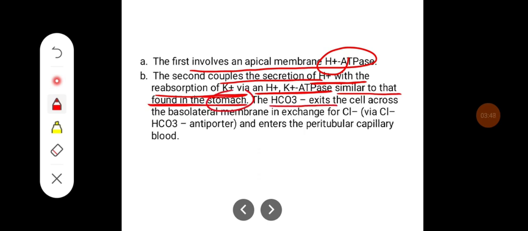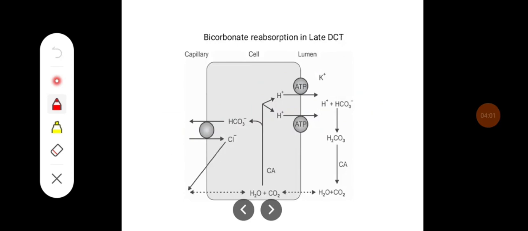The HCO3, the bicarbonate, exits across the basolateral membrane in exchange for chloride, that is via the chloride bicarbonate antiporter, and enters the peritubular capillary blood. This is how bicarbonate reabsorption occurs in the late DCT.